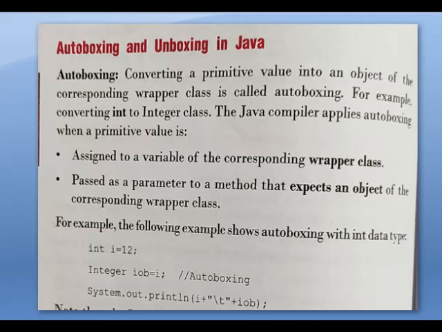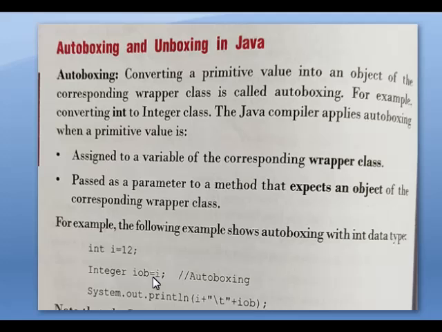For example, int i equal to 12. For autoboxing, we write Integer iob equal to i, then System.out.println of i and iob. The Integer object reference iob can directly refer to the memory location i, which is of the Integer type, without any conversion.